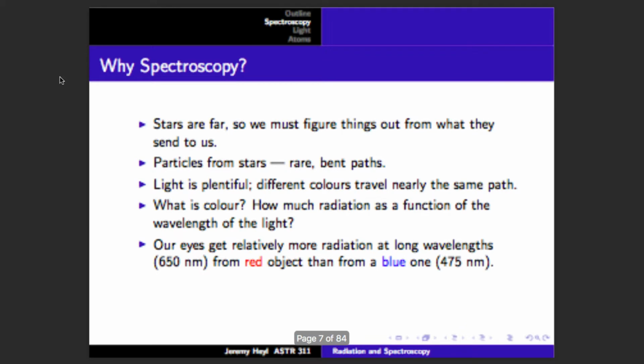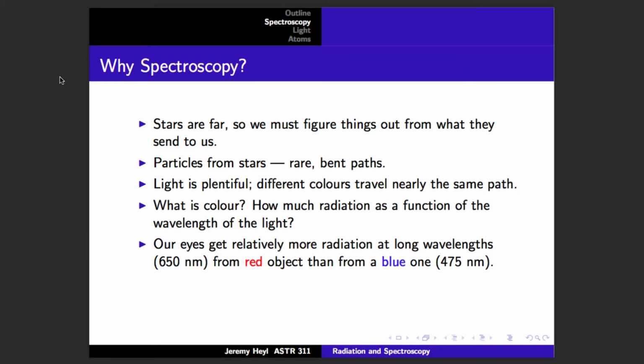The range of wavelengths that we can sense with our eye is really, really narrow. It's about a factor of 2 in wavelength. If you think about sound, what you perceive with your ear, 1 octave is a factor of 2 in wavelength.